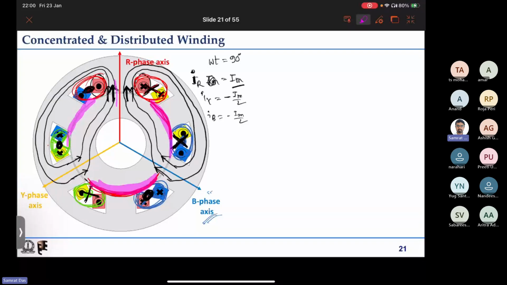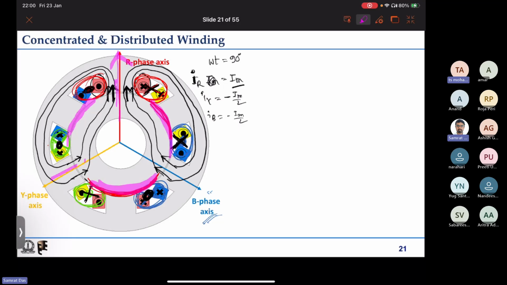The field direction is like this, and its return is through here. So it will also have a rotating field, but the B distribution will be further away from being a sinusoid. It will not be a sinusoidal flux density distribution, right? Does that answer your question?